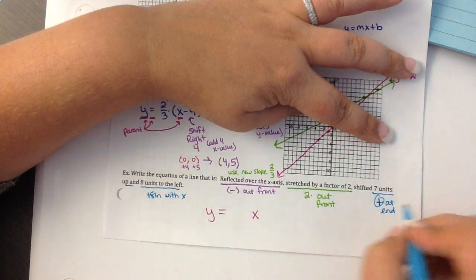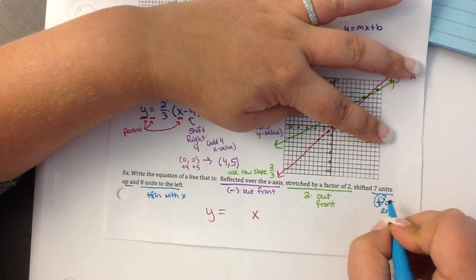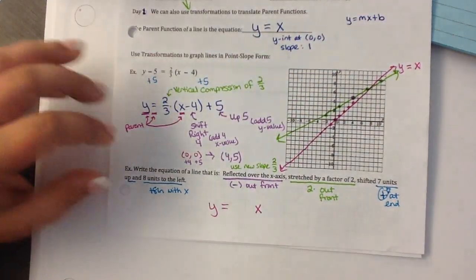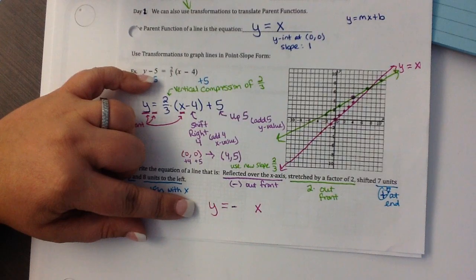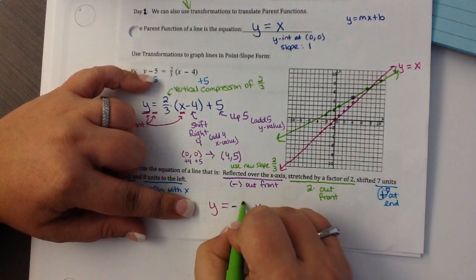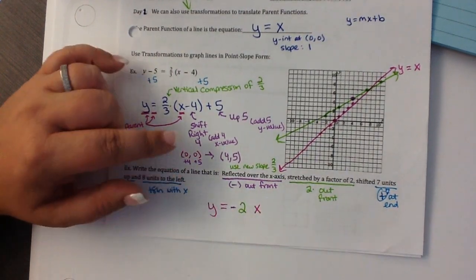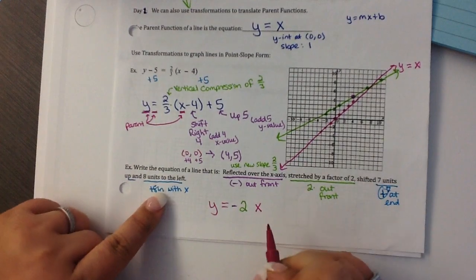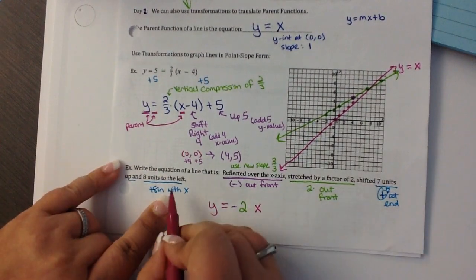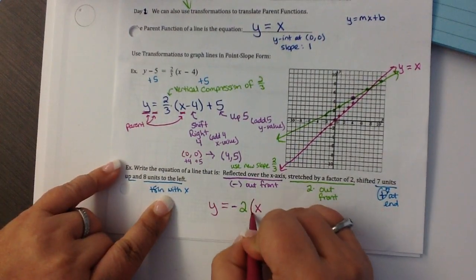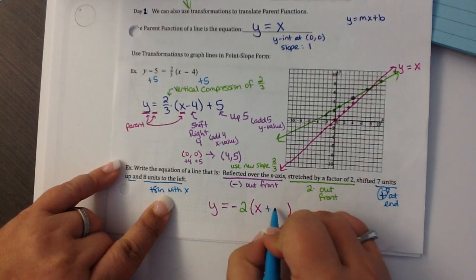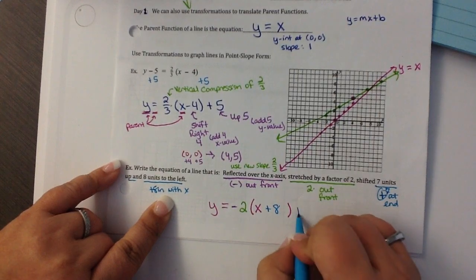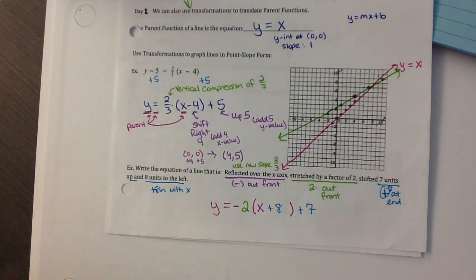Okay, so plus 8, this will be plus 7. Okay, so we're going to have our negative out in front, our 2 also out in front. Then it looks like the 8 needs to go in with the x and the 7 at the end. So I better put parentheses around here. Put my 8 in with the x and my 7 out at the end.